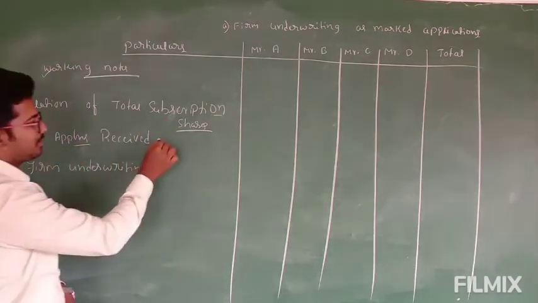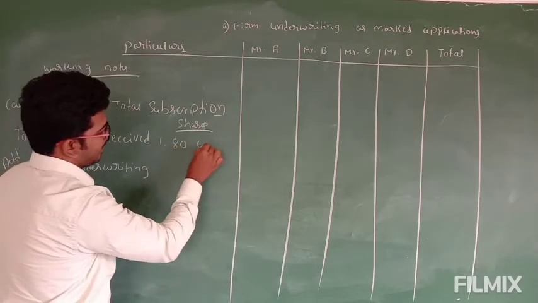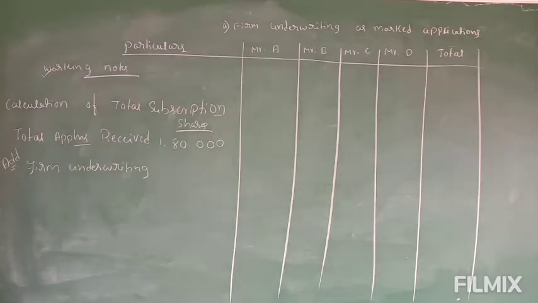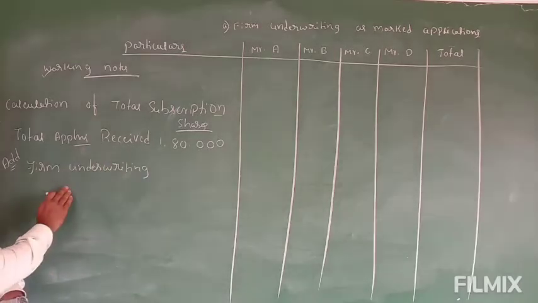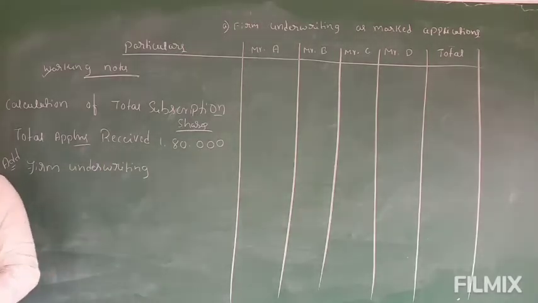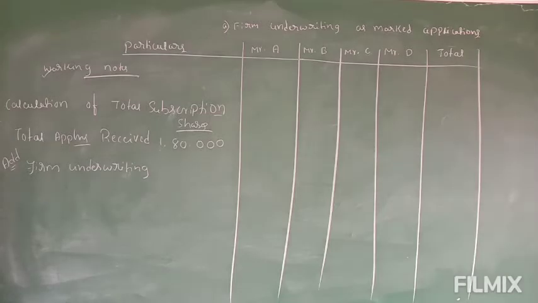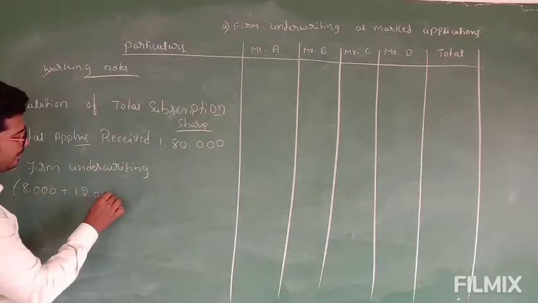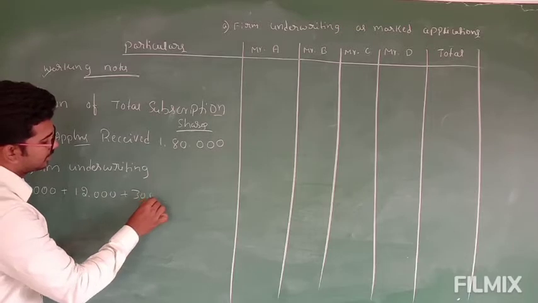Total applications received are 1,80,000 shares excluding firm underwriting, so we extract the firm underwriting from the question and add it to get the total subscription. Firm underwriting: Mr. A 8,000 shares plus Mr. B 12,000 shares plus Mr. D 30,000 shares.